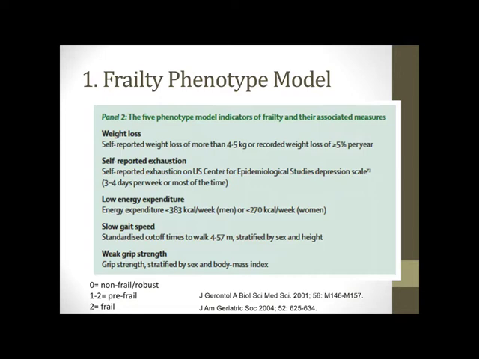Linda Fried is the researcher's name who looked at this model of frailty, and she looked at over 5,000 patients and followed them for 4 to 7 years in 2 different cohorts. All of the patients were over 65 years of age, and what she looked at was 5 different factors which seem to make people frail and which seem to be correlated with outcomes.